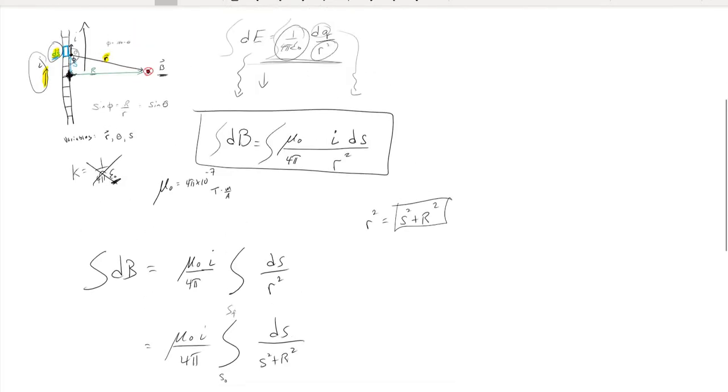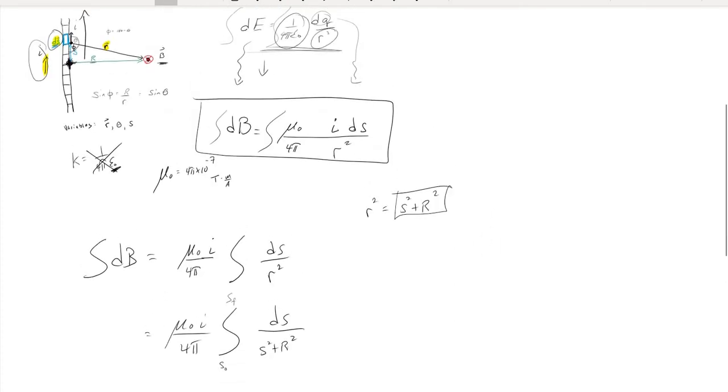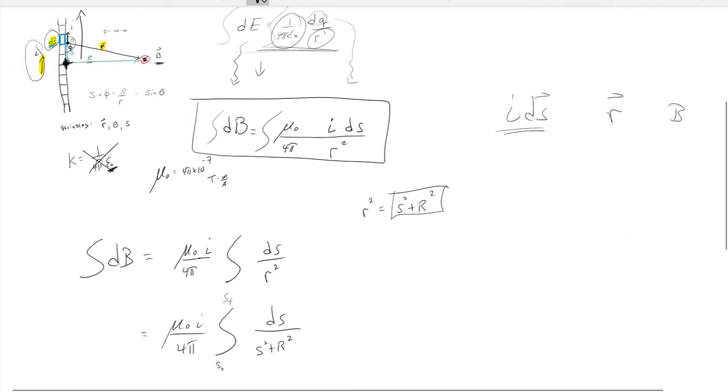Well, where does that vector direction come from? What determines it? And the answer to that is that there's going to be yet another cross-product relationship relating vectors within our system.